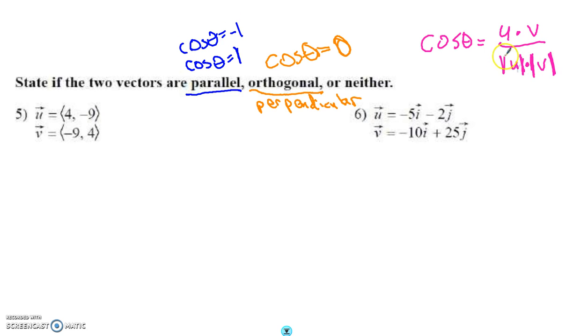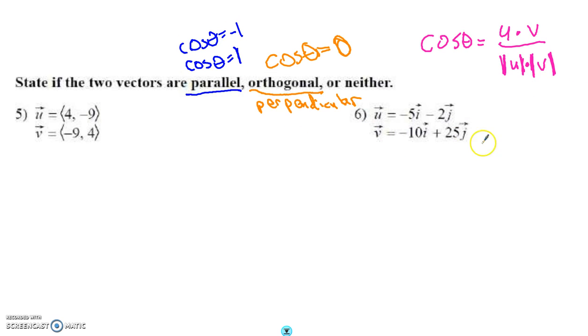Well, no matter what, if the dot product is 0, then this whole thing becomes 0. So as soon as we know that this dot product is 0, then we know that the vectors are perpendicular to each other, or orthogonal. Okay. And if we don't get that, then we're going to have to actually go ahead and find the magnitudes so that we can see if they're parallel for some reason.